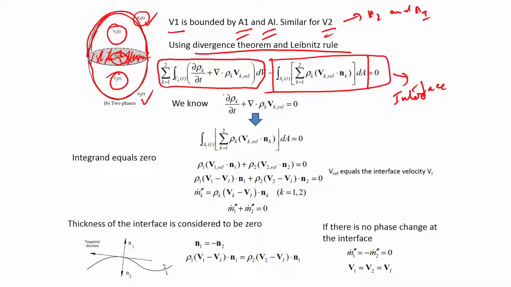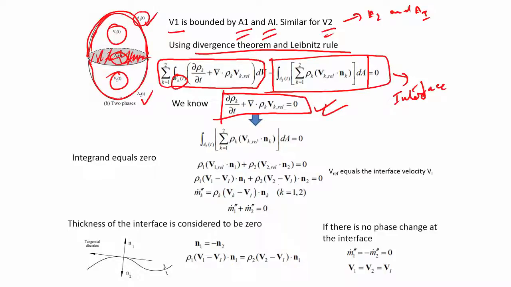Now, we already know that this part has to be equal to 0 for the kth phase, summed over Vk. Are we okay with that? Because this is nothing but the conservation of mass equation, which we have written for each individual sub-volume.